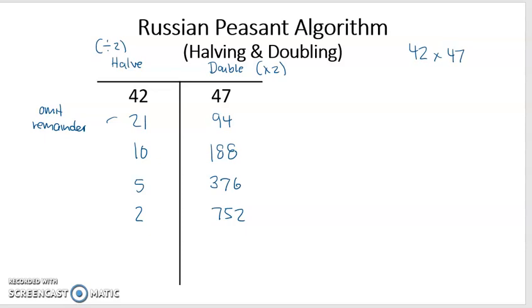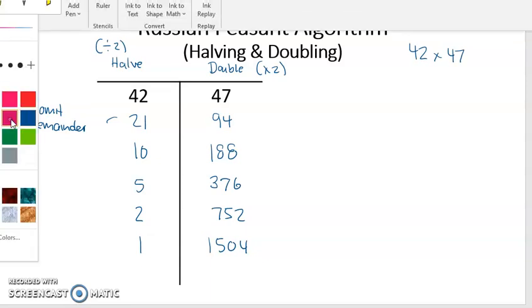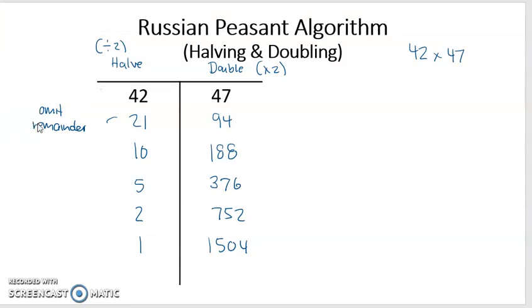Halving and doubling. Finally, I have the 2. 2 divided by 2 is 1. That's when you end, when the halving column gets down to 1. Multiply the doubling column again. 752 times 2 is 1504. Now what you do is cross out any of the even rows in the halving column.